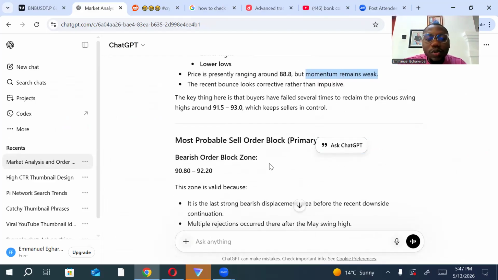Now, the most probable sell order block, the bearish order block zone, is 90.80 to 92.